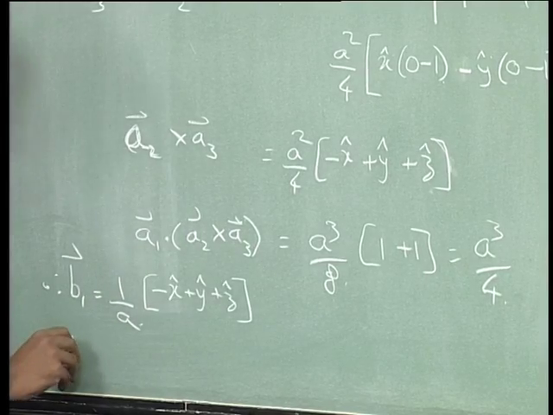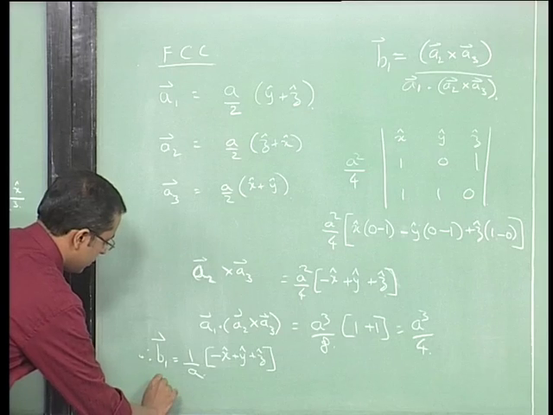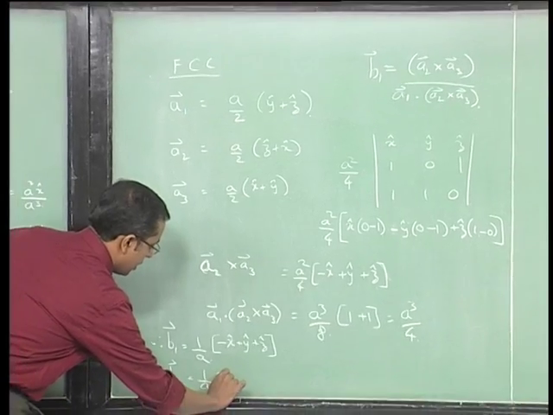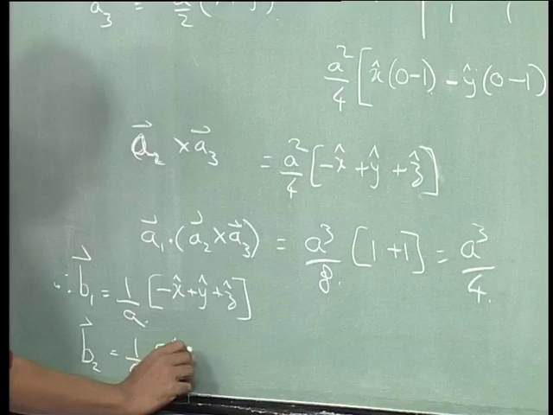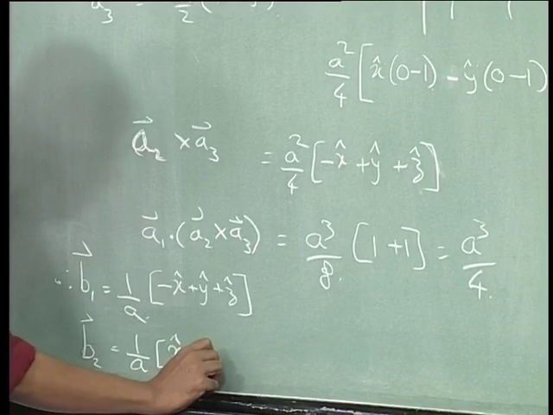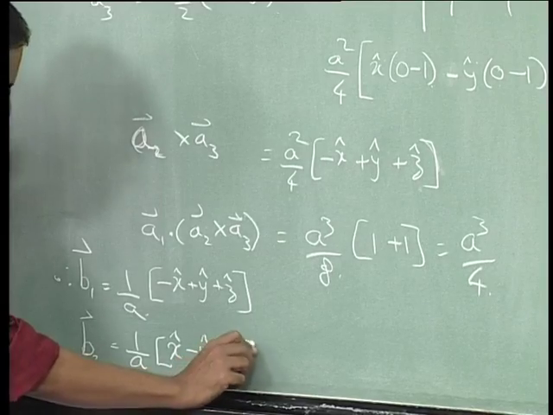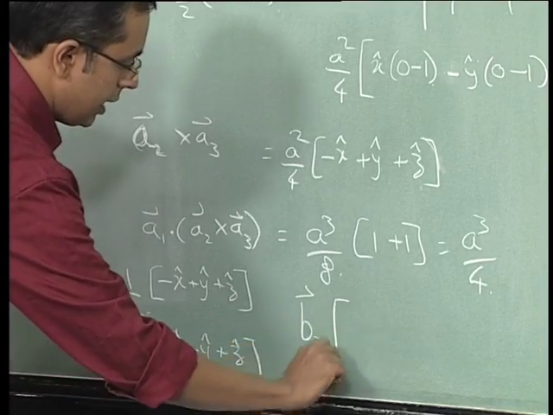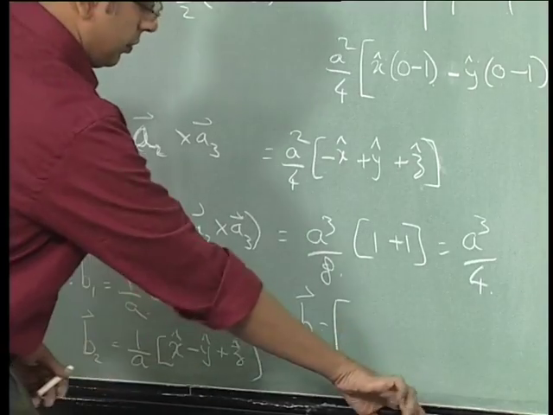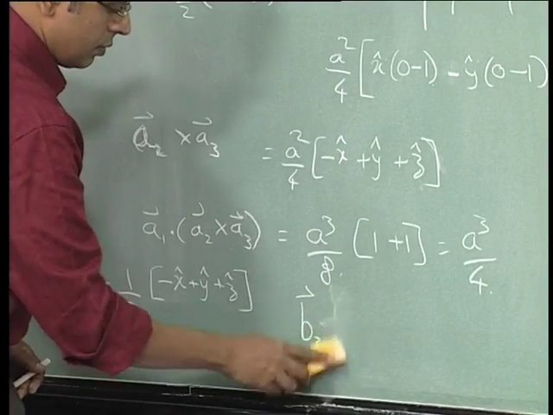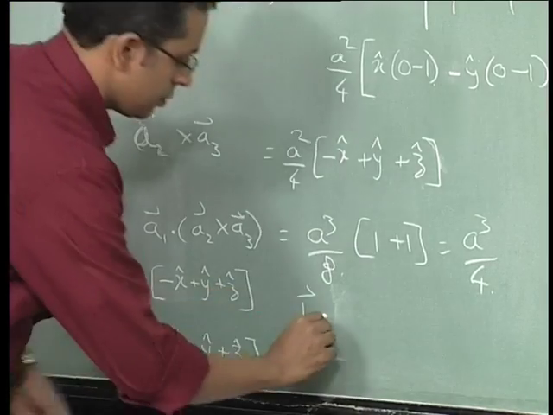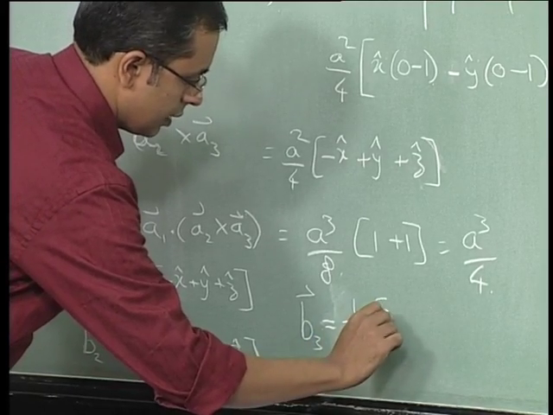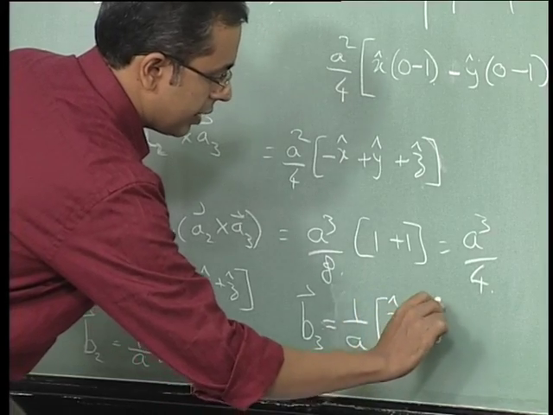So B2 will simply be 1 by a times plus x minus y plus z, and B3 will be plus x plus y minus z.